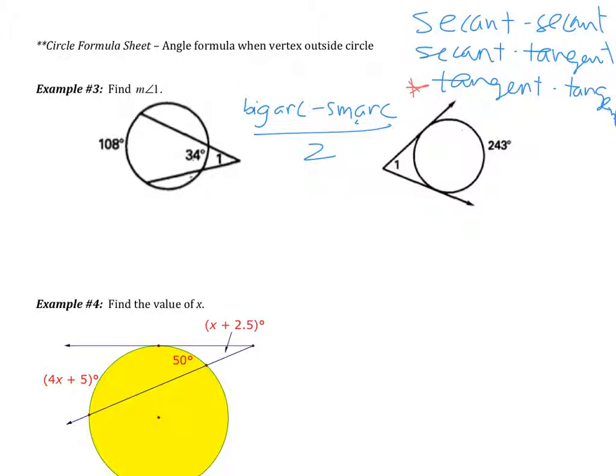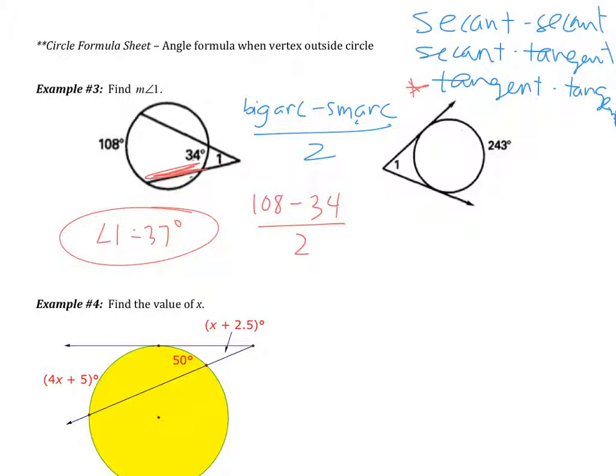So just to show you something, if I were to do 108 minus 34 divided by 2, what's 108 minus 34 divided by 2? What'd you get? 37. 37? So angle 1 is equal to 37 degrees.